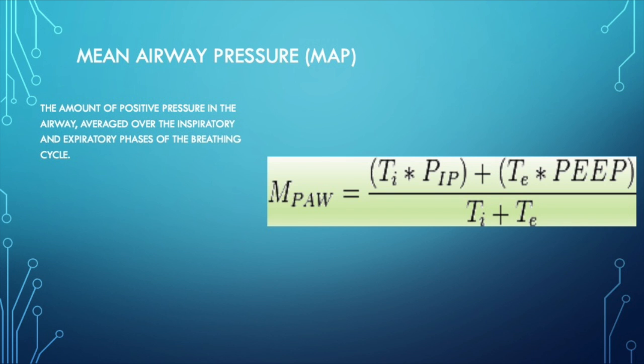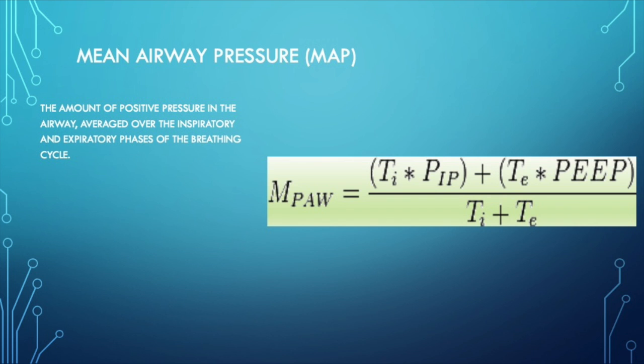The equation to measure mean airway pressure may look complicated, but if you think about the definition, it'll make sense. We take the inspiratory time multiplied by the inspiratory pressure. Add that to the expiratory time multiplied by the expiratory pressure, also known as PEEP, and divide that by the time it takes for one respiration.